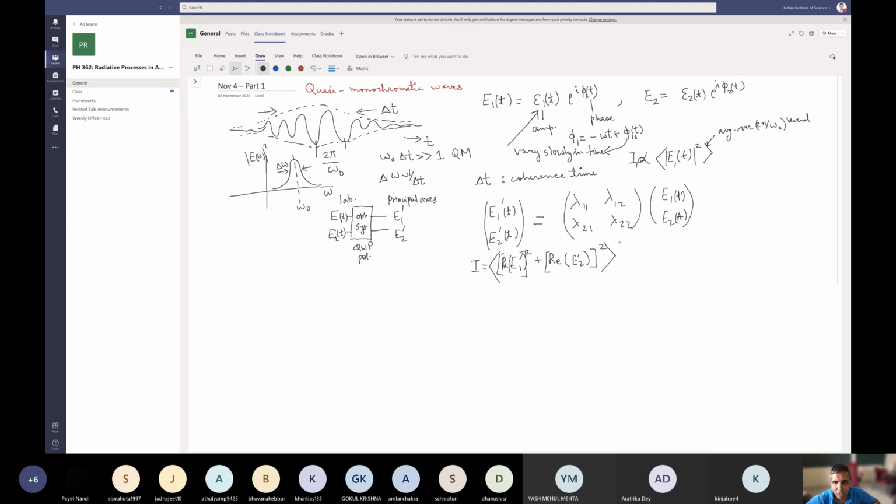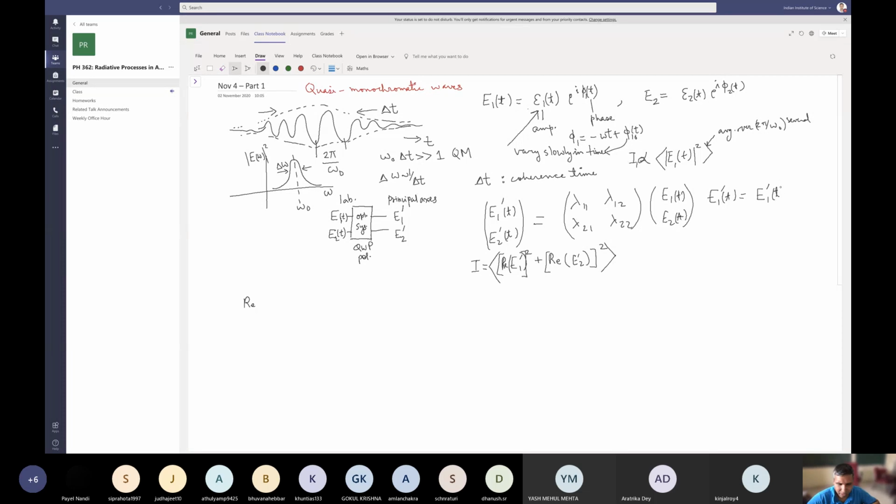Okay, so let's actually look at the real part of this. I can also write epsilon 1 prime of t as epsilon 1 prime.